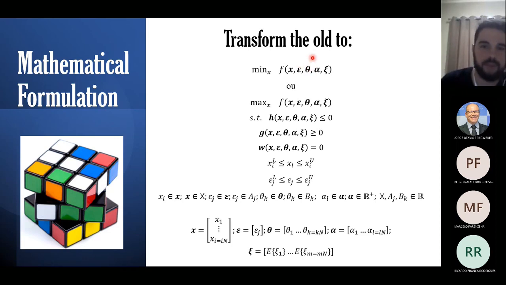Theta is the vector of deterministic parameters, I mean the scalars. And alpha is the vector of penalty factors. And zeta is the vector of non-normal uncertainties, other uncertainties.